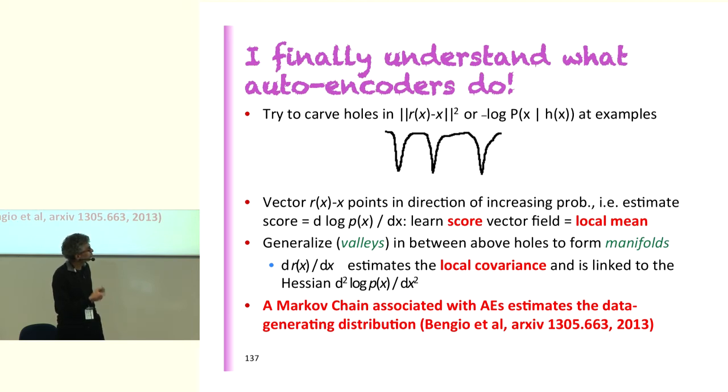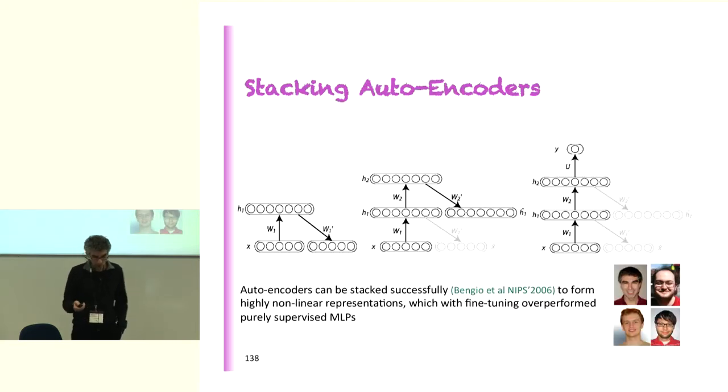And you can also take your autoencoders and actually construct a generative model out of them using a Markov chain that's associated to the autoencoder, which encodes, decodes, and adds noise, encodes, decodes, and adds noise. So I'll explain all these things in the next few slides. First of all, you can use autoencoders just like you were using RBMs to train deeper autoencoders or pre-train supervised networks, and that works very well.